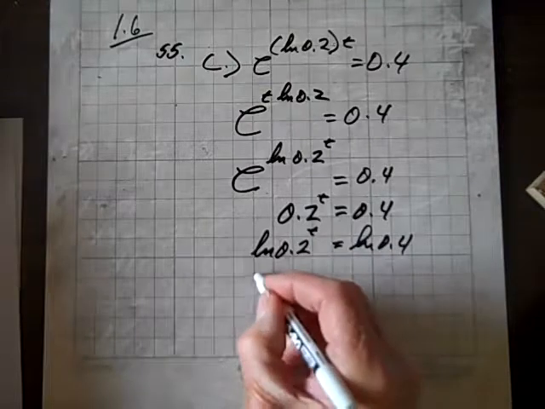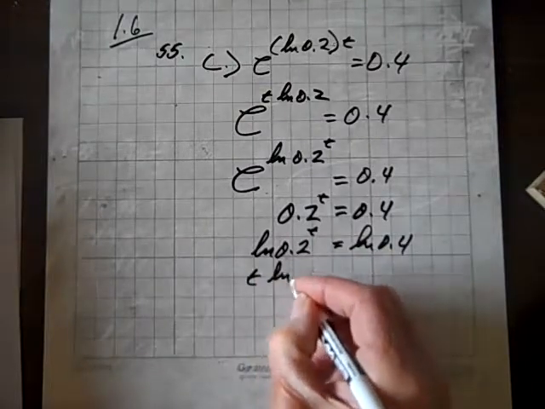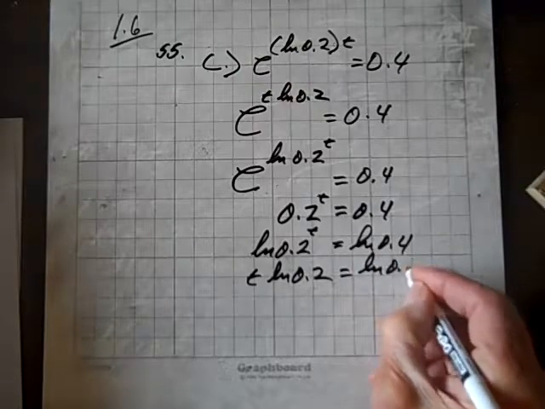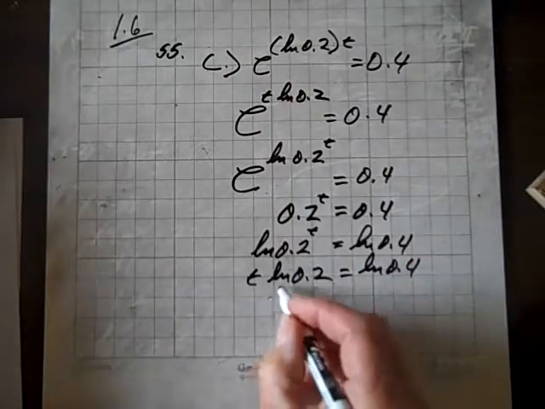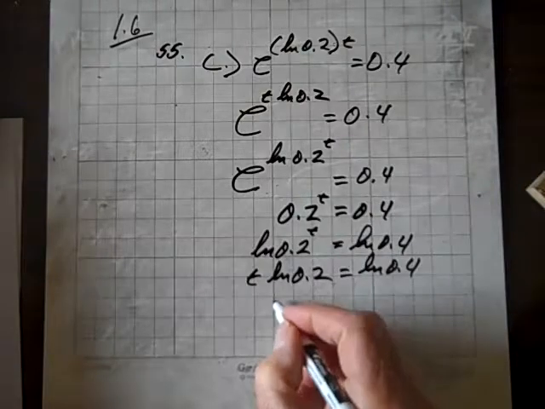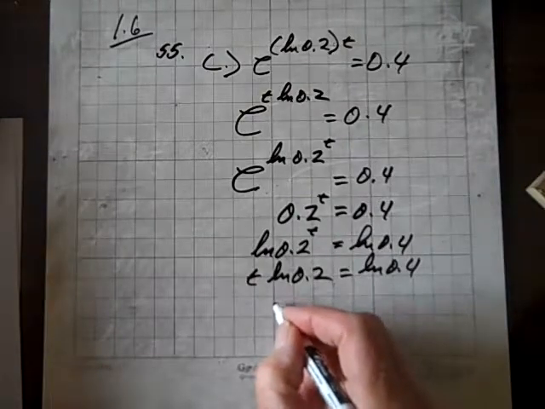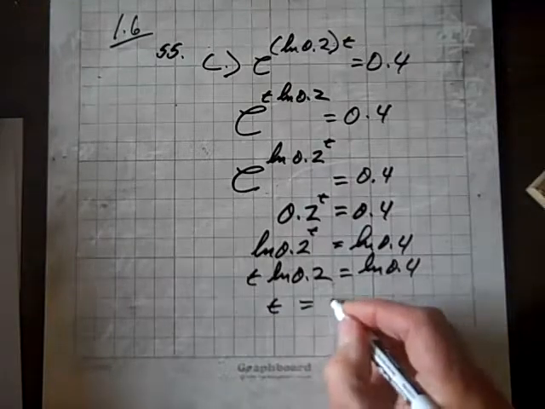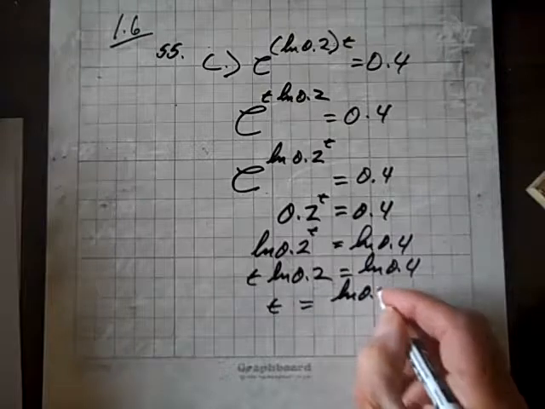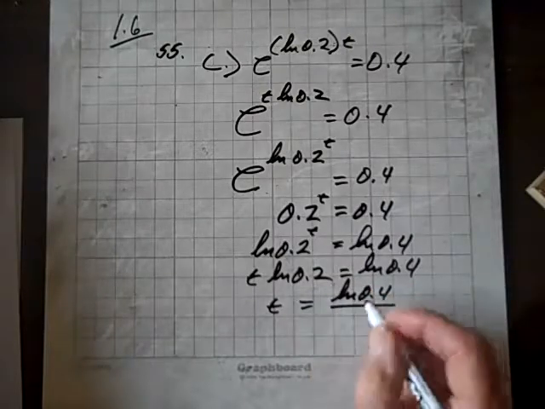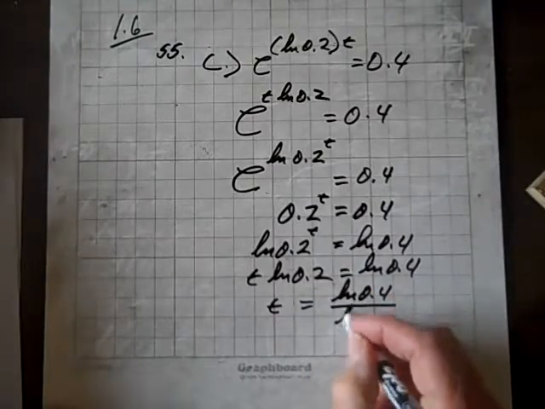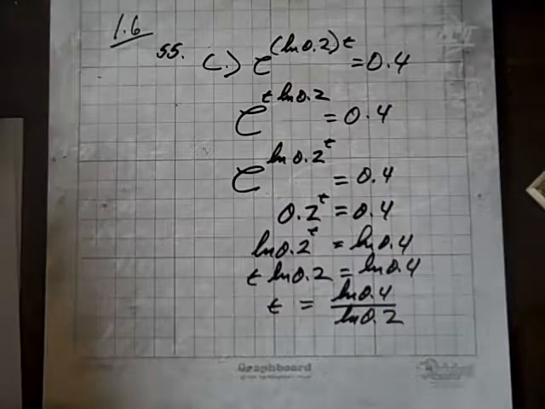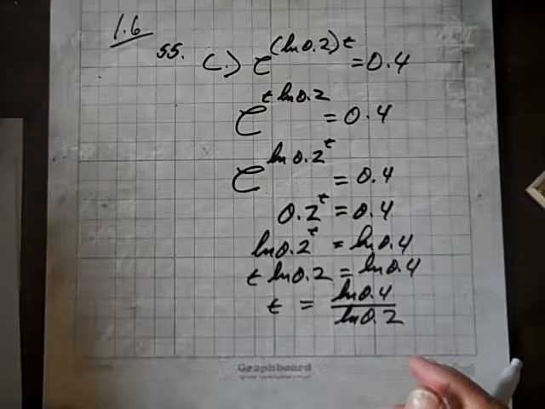Now we can bring that t out in front and we get t ln of 0.2 equals ln of 0.4. So dividing through by ln of 0.2 we get t equals ln of 0.4 over ln of 0.2, and we're done.